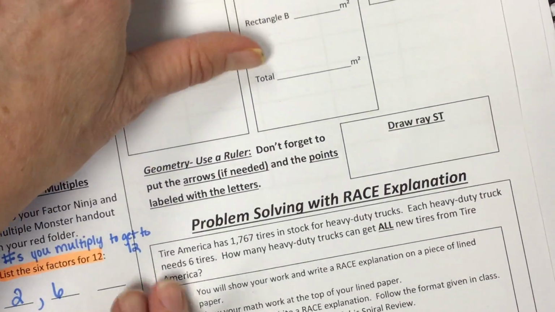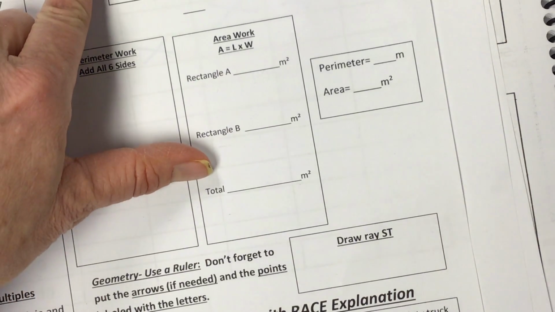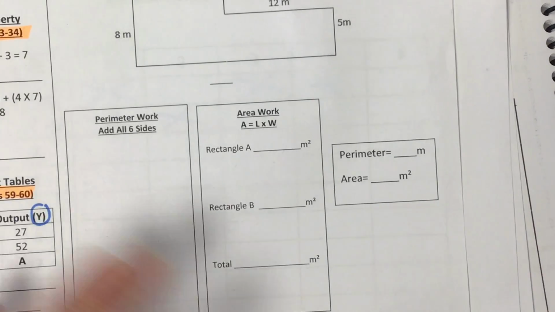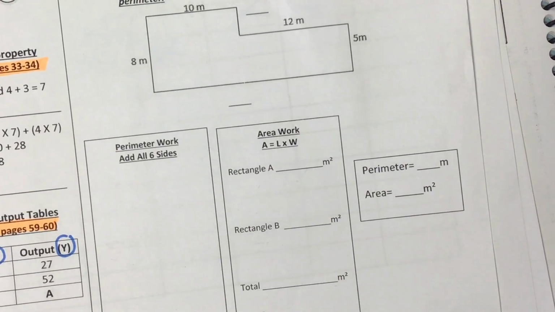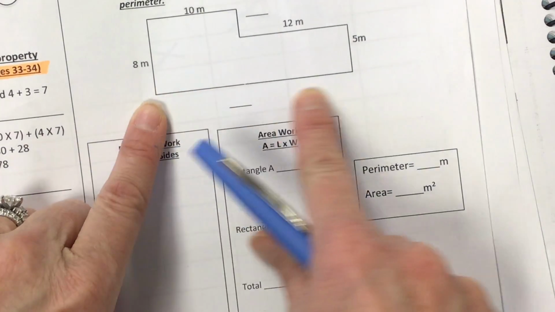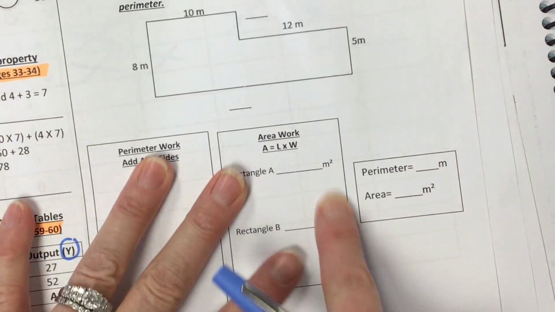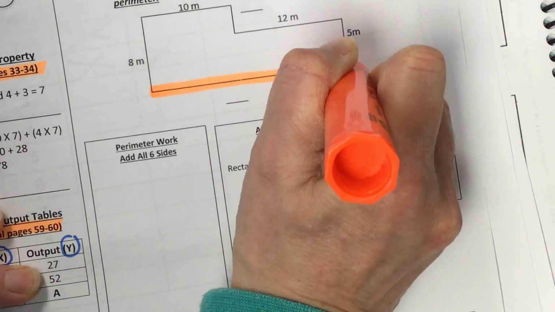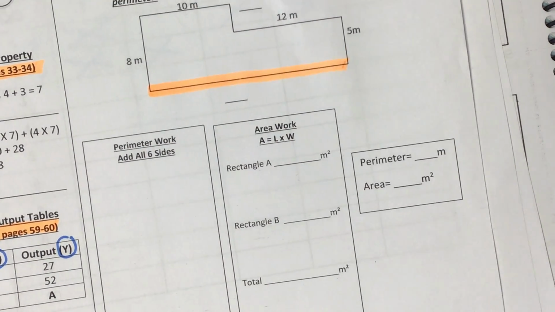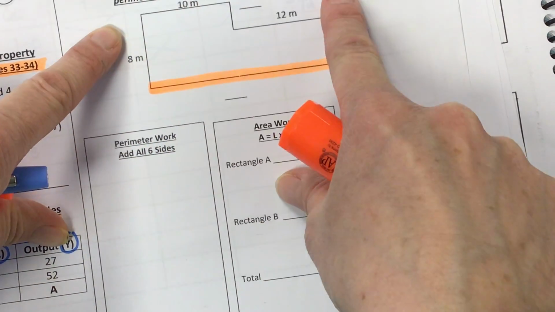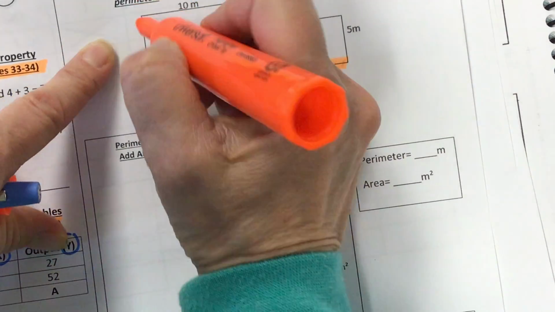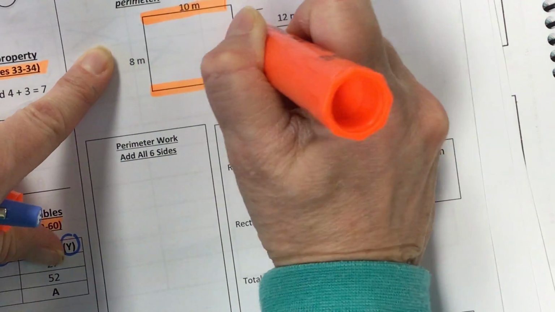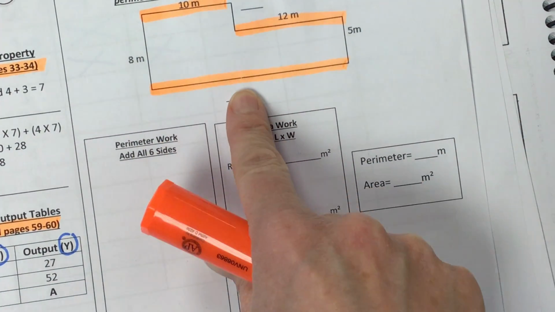Okay, find the area and perimeter of this shape. You will need to decompose the shape into 2 rectangles. Okay, you need to find this side. So, in order to find this side, you're going to have to look opposite of it. You're going to have to combine this side with this side to get the total length of this side.